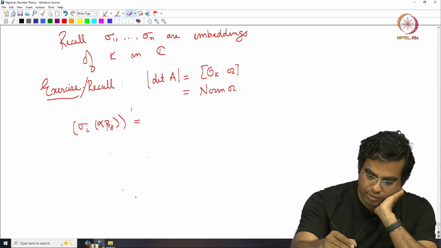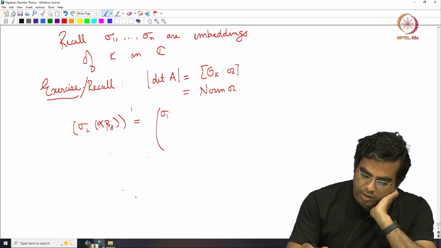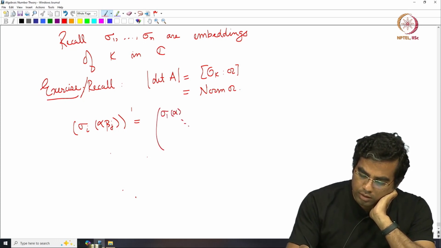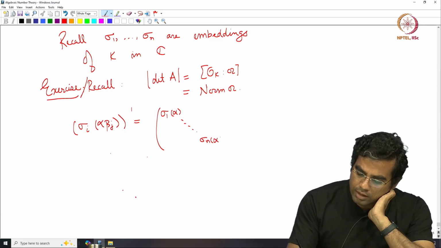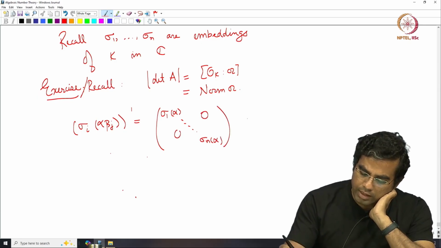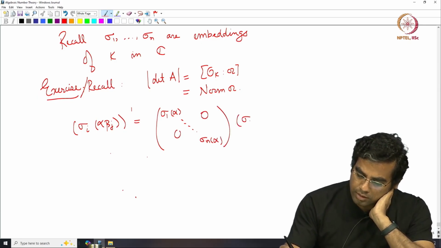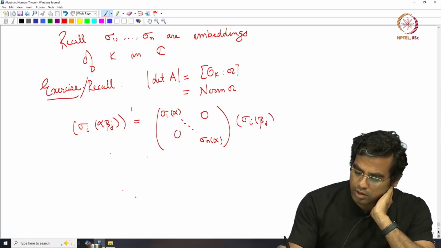I will need a larger bracket here: sigma 1 alpha, and so on up to sigma n alpha, and then zeros everywhere else, times sigma I beta j.